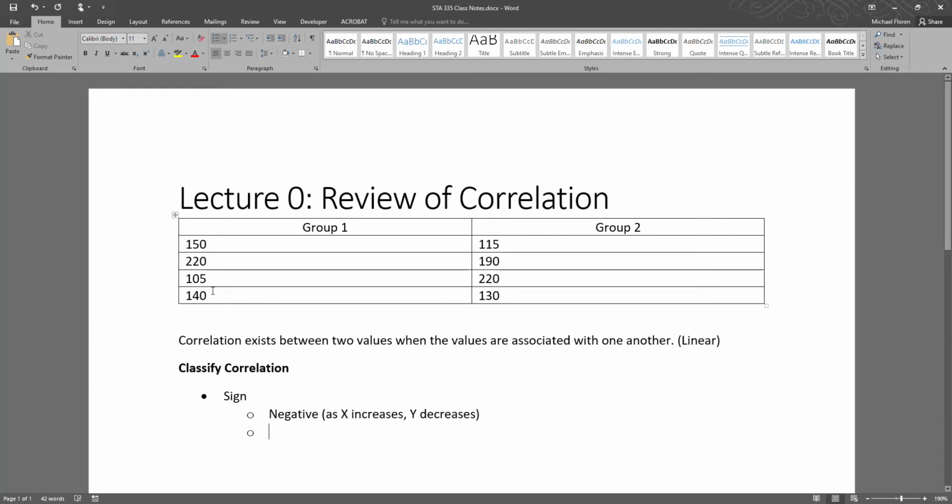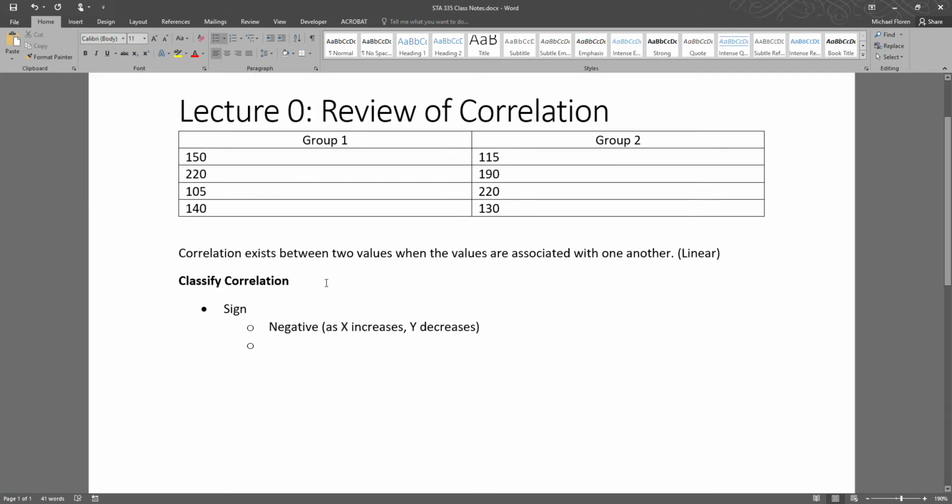So as one variable increases, the other variable decreases. In a visual form, the line that this would make would start at the top left and end at the bottom right. We can also have a positive relationship that says as the first variable increases, the second variable also increases. Visually, this would have a picture that starts at the bottom left and ends at the top right.